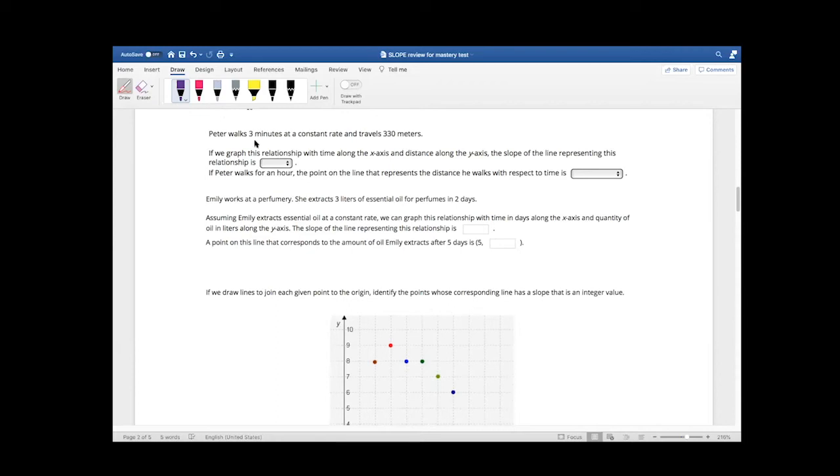All right, Peter walks 3 minutes at a constant rate and travels 330 meters.